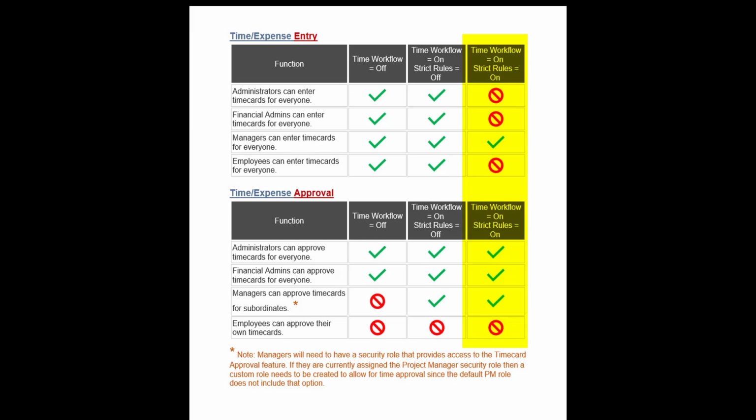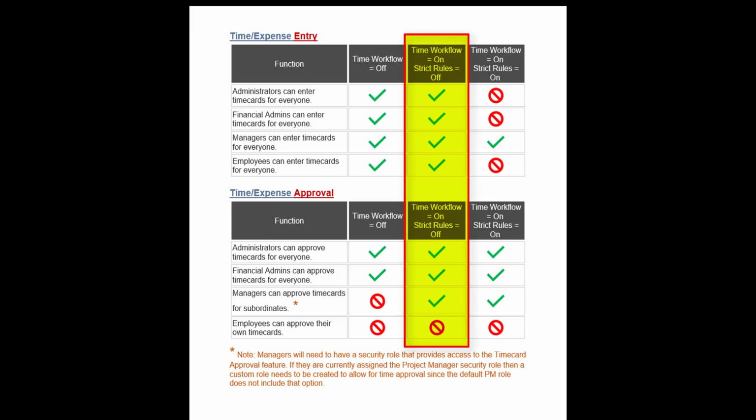Also, the approval process can be added so that managers can approve time cards for subordinates. In all 3 options, employees cannot approve their own time cards. For the illustrations we're talking about today, we're going to use the options mentioned in the second column, where time workflow is turned on, but strict rules are turned off.